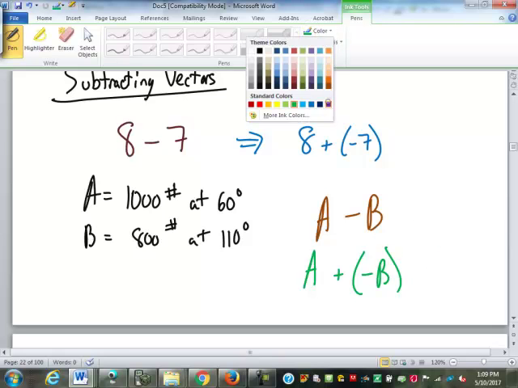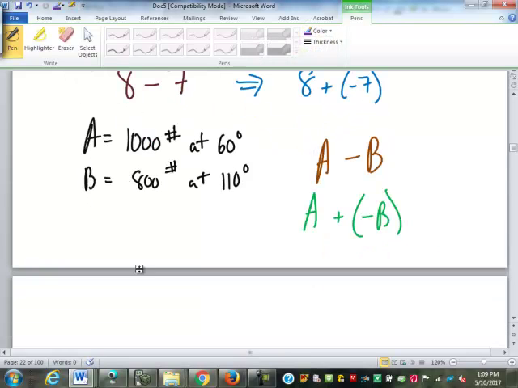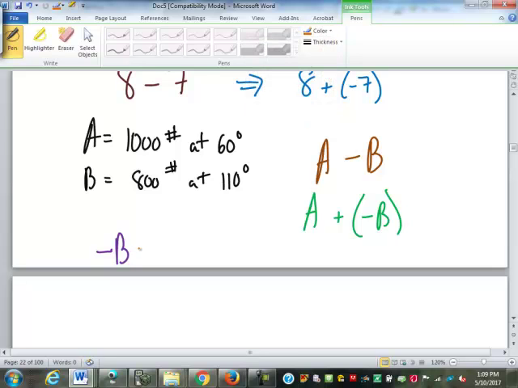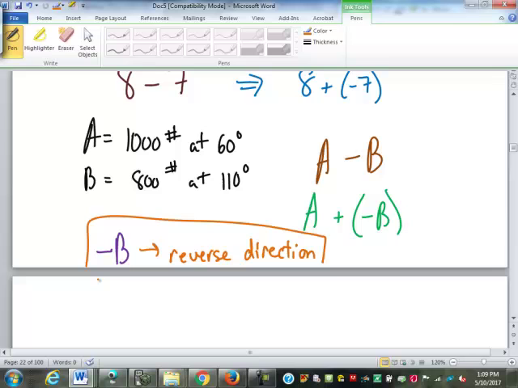So the biggest question is, what is the opposite of a vector? Minus B. I reverse the direction. You have the right idea. You're just changing the direction. But the reverse direction is found by either adding or subtracting 180 degrees. How do I know whether to add or subtract? Well, if the angle is less than 180, which this one is, we would add.